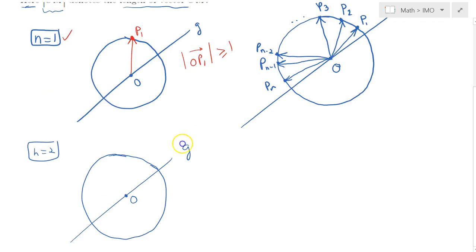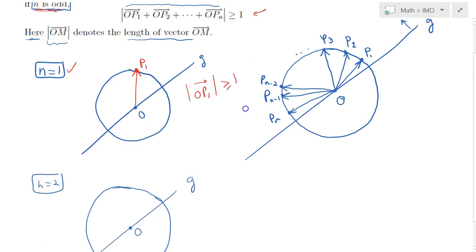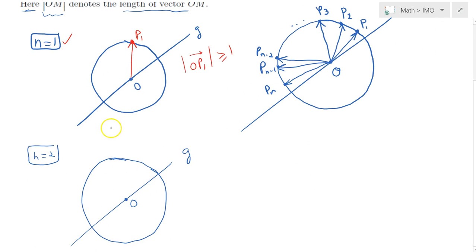Because for the claim to be true, the sum of these vectors should be outside the unit circle. So for instance, if I get them close enough to each other, close enough to the line G in opposite directions in a sense, then I claim that I can end up somewhere inside the circle.